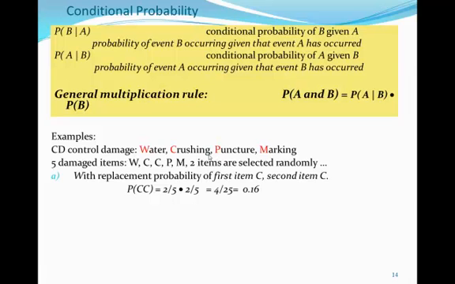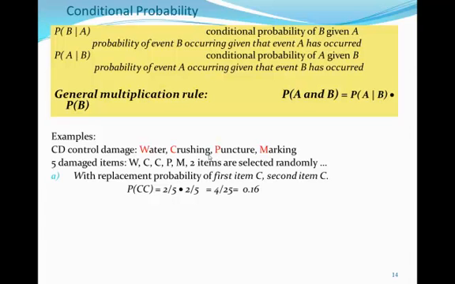Let's take a look at an example. Control damage: water, crushing, punching, puncture, marking, 5 damage items. 2 items are selected randomly with replacement.